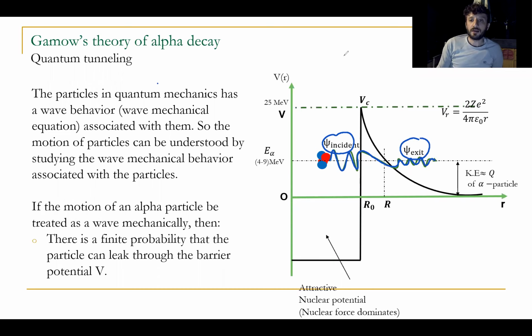So in quantum physics we can explain this phenomenon. The wave function can be attenuated, or it can pass through the barrier, and we get another wave mechanical equation.